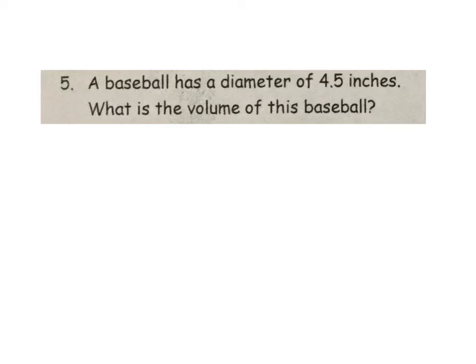Number 5, a baseball has a diameter of 4.5 inches. What is the volume of this baseball? So we got a baseball. Now obviously it's going to be 3D, so it looks something like that. It has a diameter of 4.5, so my diameter, which goes all the way across, is 4.5.